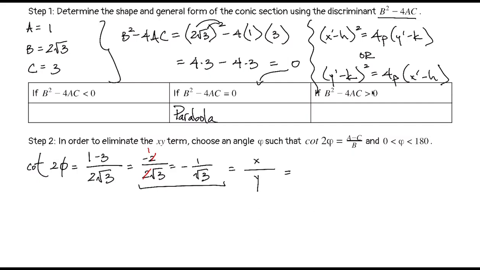And so I look at the unit circle and I notice that if I have a negative 1/2 and a root 3 over 2, if I were to reduce that, I would get negative 1 over root 3. And that corresponds to an angle of 120 degrees.